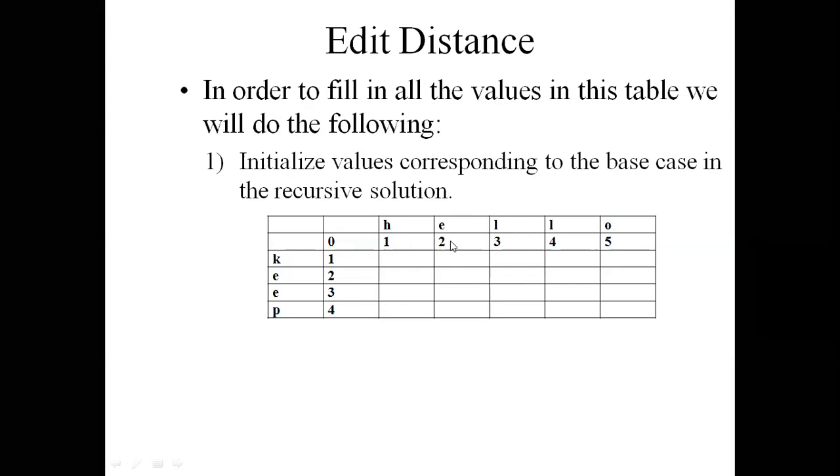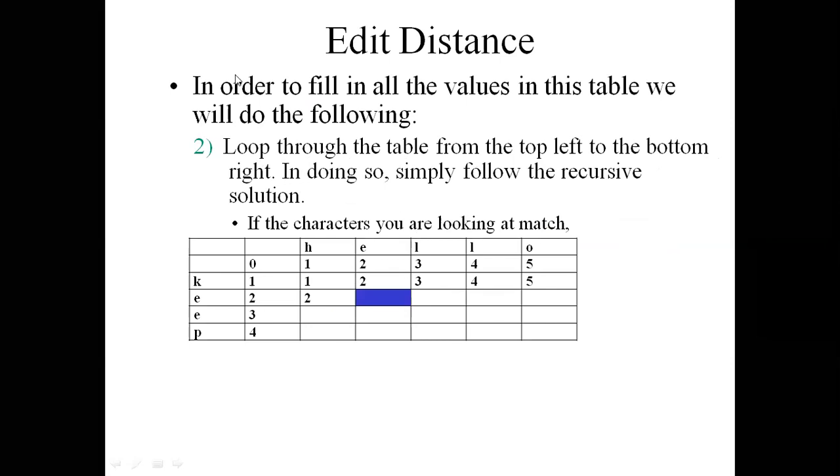That is why the first row indicates the null string, and the first column indicates the null string. Then loop through the table from the top left to the bottom right. In doing so, simply follow the recursive solution.